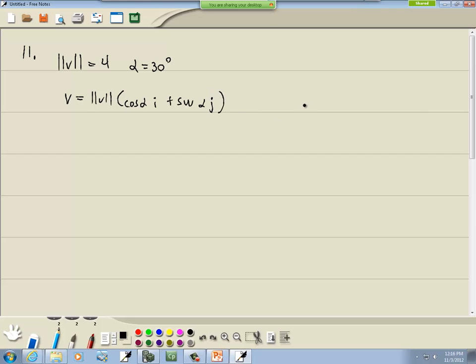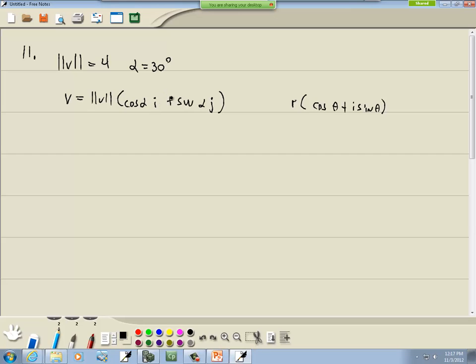Now that probably looks a little bit familiar, doesn't it? Remember our polar form from earlier? We said r cosine theta plus i sine theta. Now realize here this i before your sine is the imaginary number. The i here is a unit vector. So they're different.